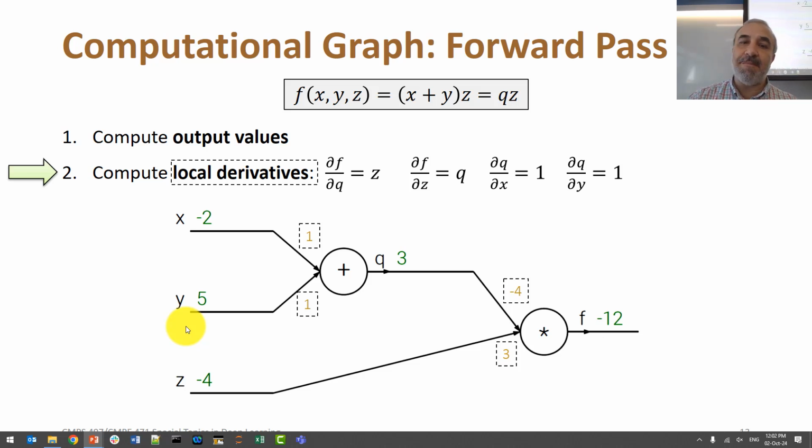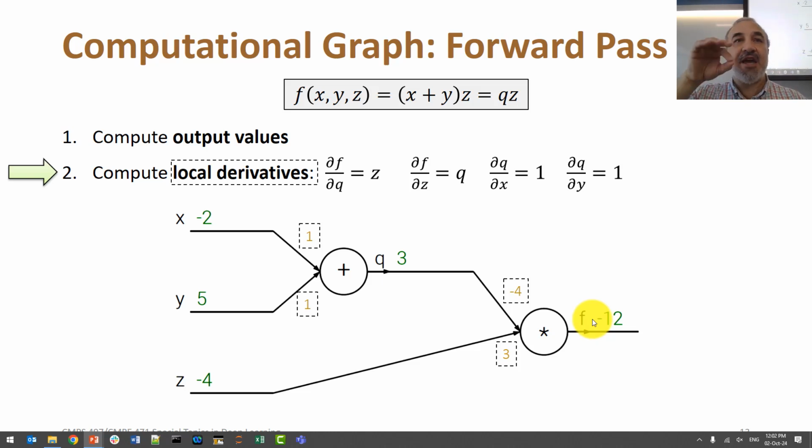Okay. Now the backward pass, this is the pass where we will compute the derivatives, and it is backward because we start from the output. So from the output, we will start to compute backward the actual derivatives. We will start with the derivative of the output with respect to itself.